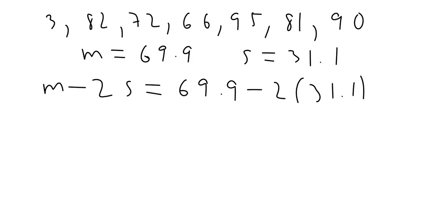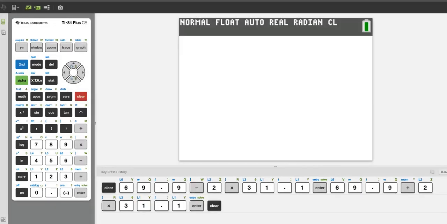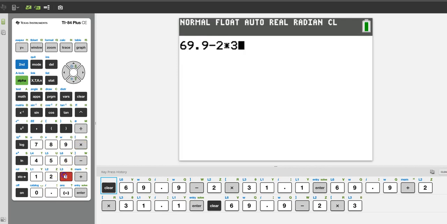I'll show the calculation on my calculator. It's 69.9 minus 2 times 31.1.